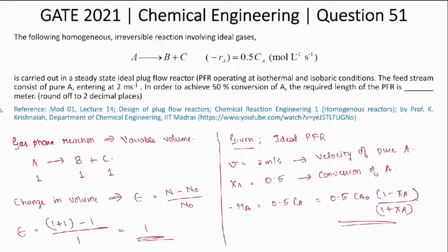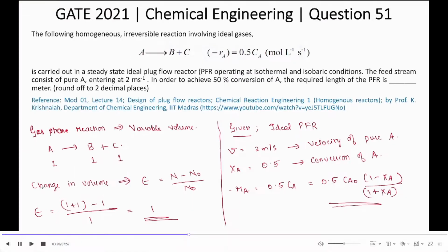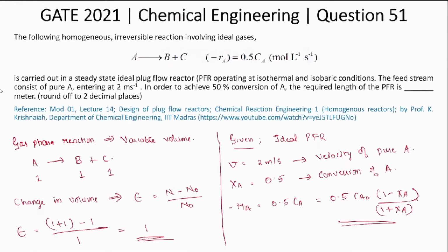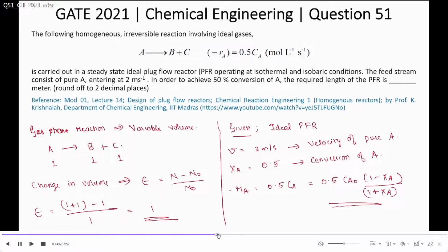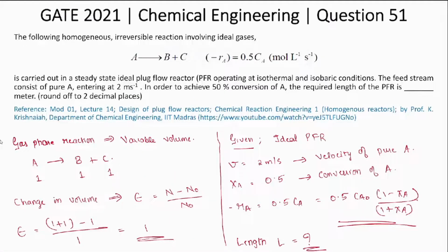Now what we have to find here is the length of the PFR required to achieve this conversion with the velocity rate that they have given. Okay.